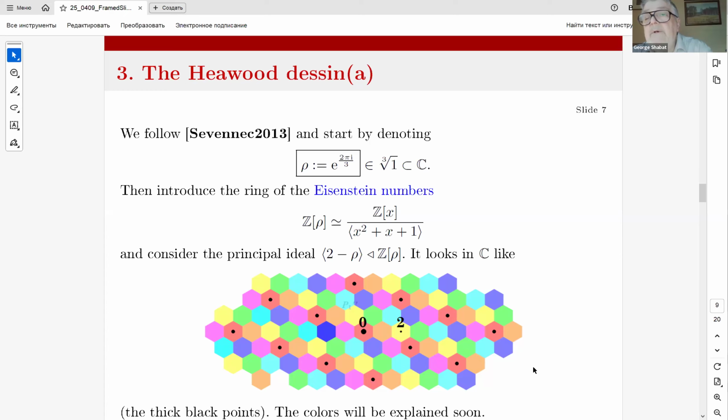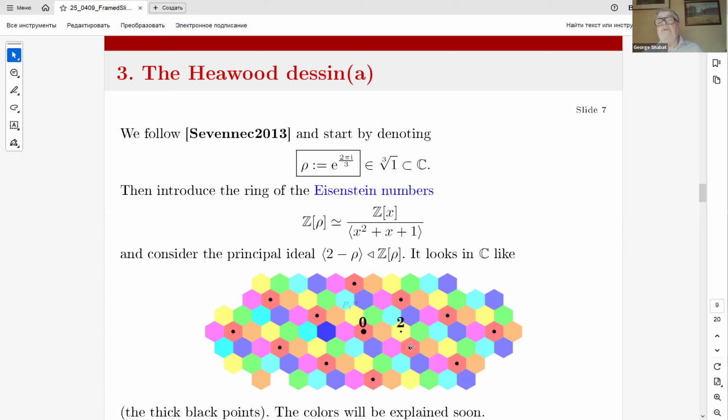So just to give the origin, I mark 0, to give the scale, I mark 2, and then I did my best to draw 2 minus rho. It is here. Well, rho is somewhere, I'm unable to draw everything, somewhere where I point now. And this is 2 minus rho.